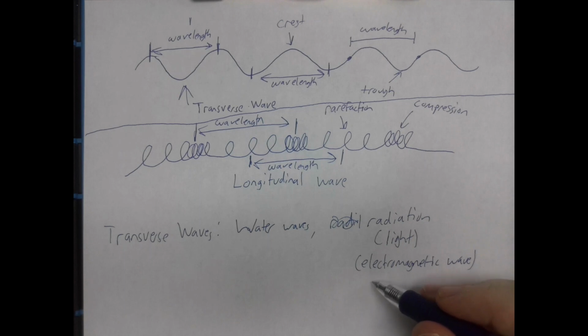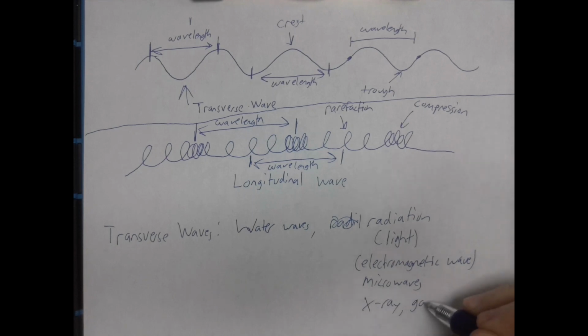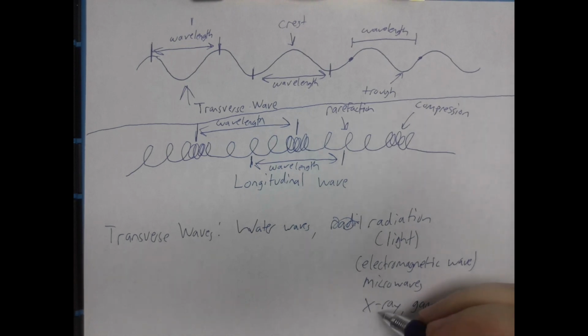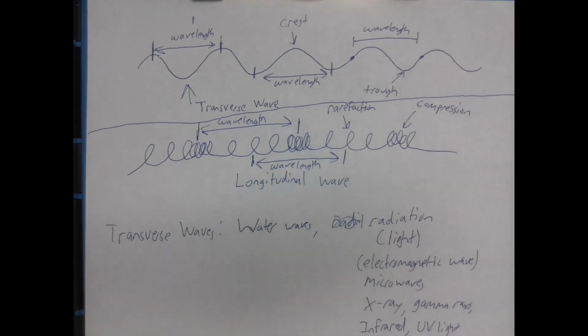So microwaves, X-rays, so that would include microwaves, X-rays, gamma rays, and things. What's some other ones? Infrared, UV light. So any electromagnetic wave is a transverse wave.